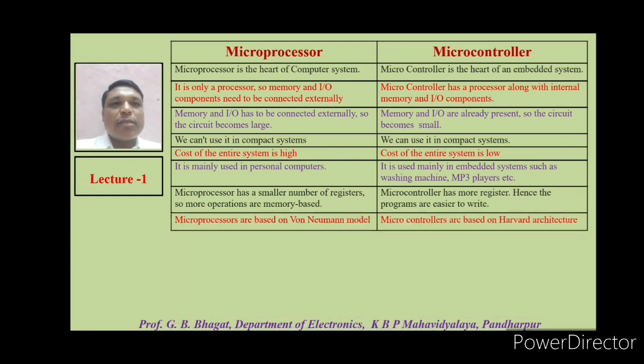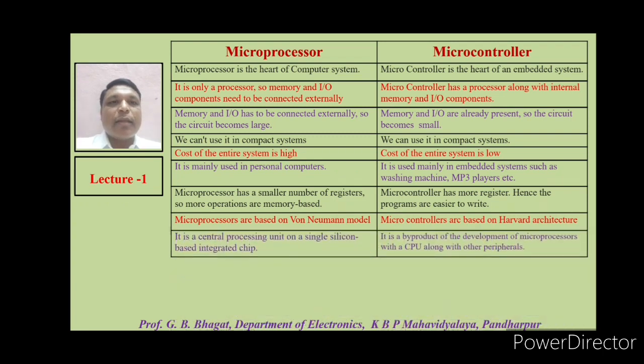The next, microprocessors are based on von Neumann model and microcontrollers are based on Harvard architecture. The next difference, microprocessor is a central processing unit on a single silicon based integrated chip, whereas microcontroller is the byproduct of development of microprocessors along with CPU and other peripherals.